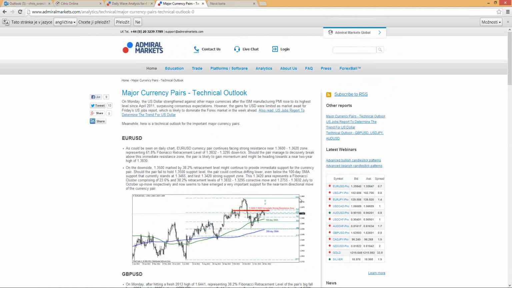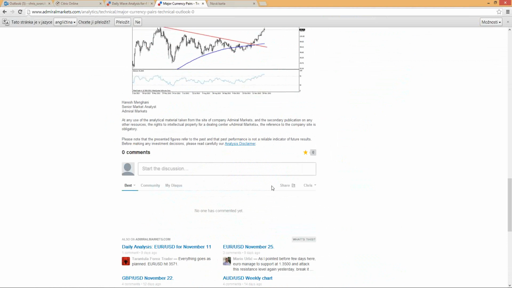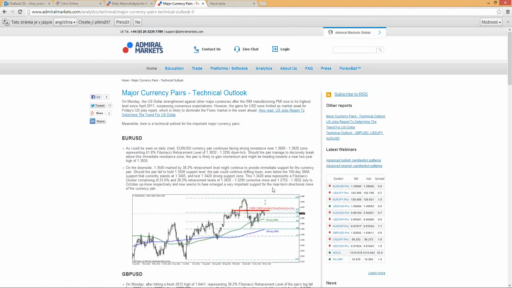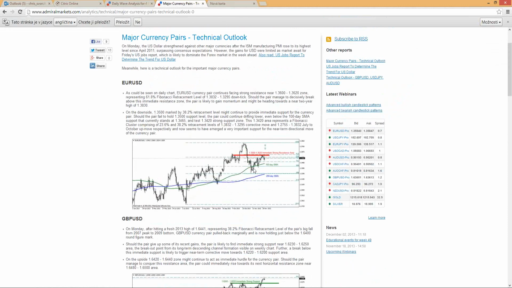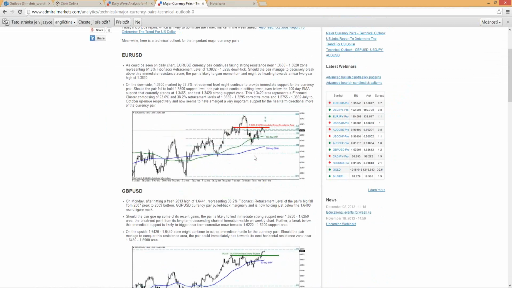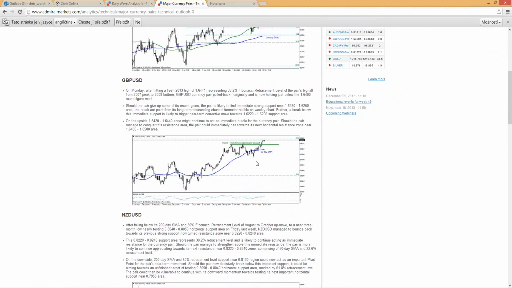Does anyone know where this is? Is this Tarantula's? No, this is someone else's. Not that it's not good, but I was just curious about Tarantula specifically because we do webinars together. Yeah, here too, the person is saying, look out for this 136.20 resistance on the euro, pound dollar, strong support, 162.50.